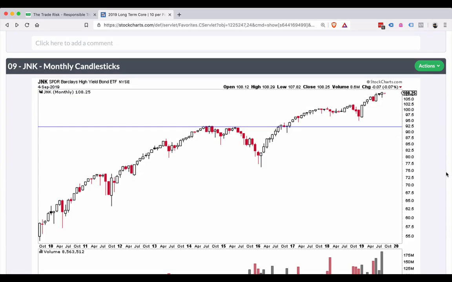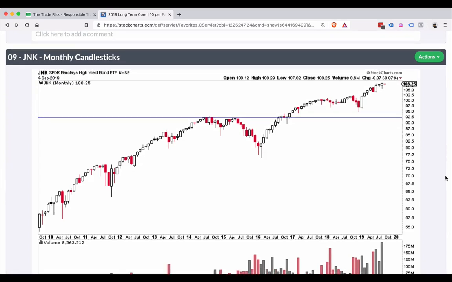Now, in terms of credit or junk bonds, looking at high yield credit, this does still suggest that we are back up here at new highs ahead of the market. I keep this in the breadth indicator, if you will, just to give us some evidence behind the scenes.